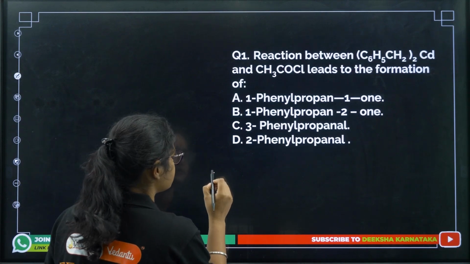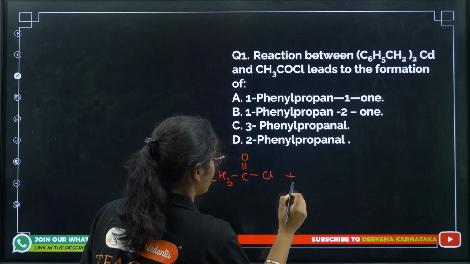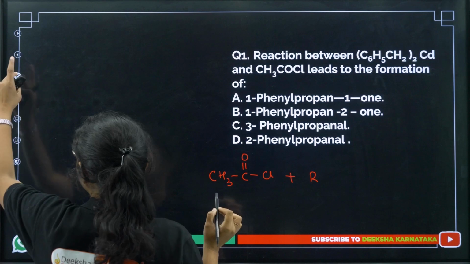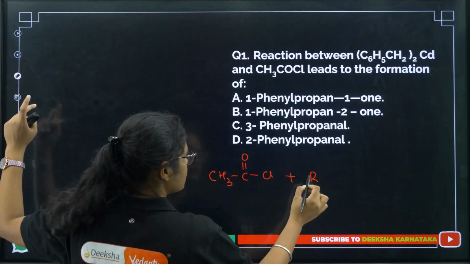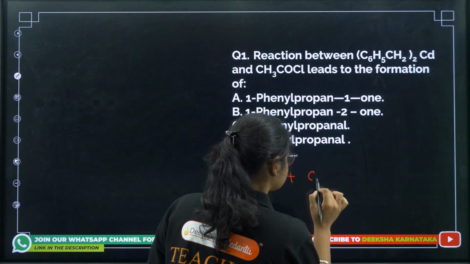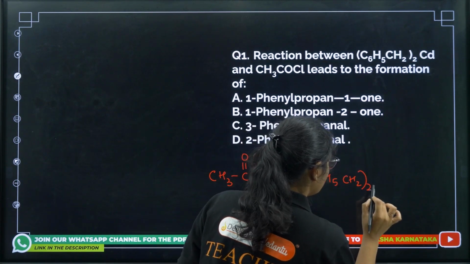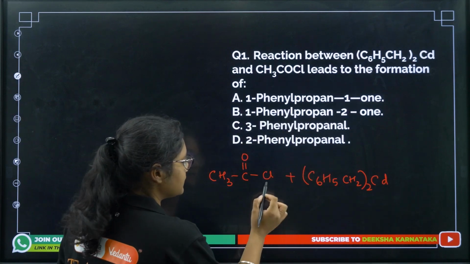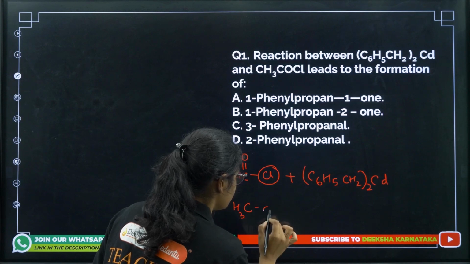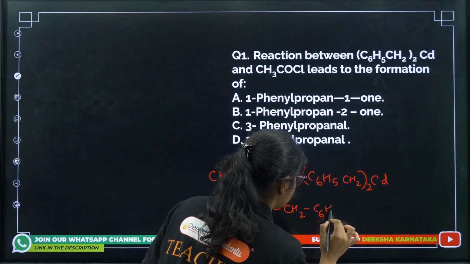So we have CH3COCl and R2Cd, that is C6H5CH2 cadmium. What is happening is this Cl group will be replaced by this R group. So I'll get CH3, C double bond O, CH2, then C6H5.